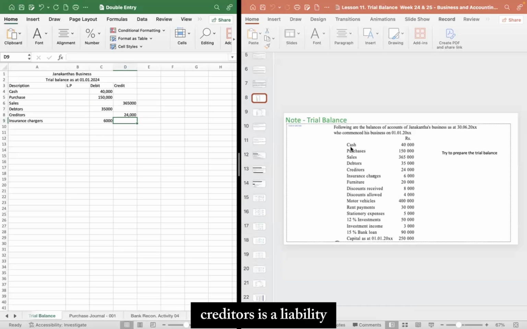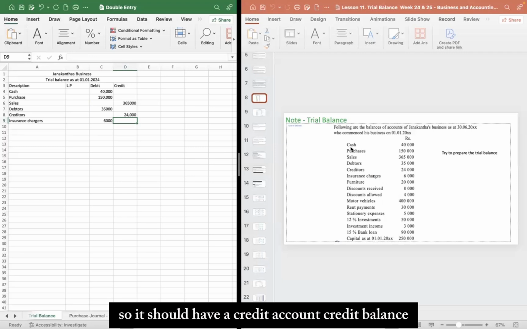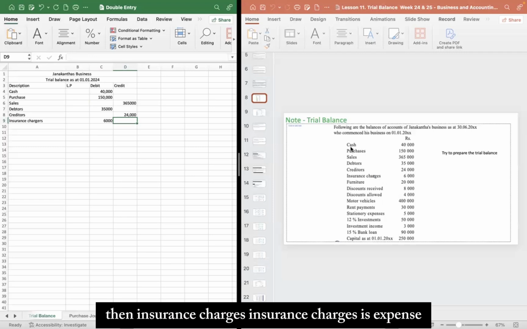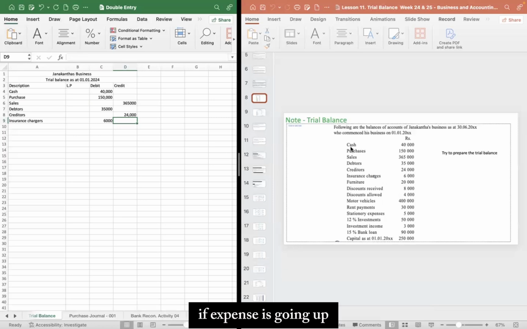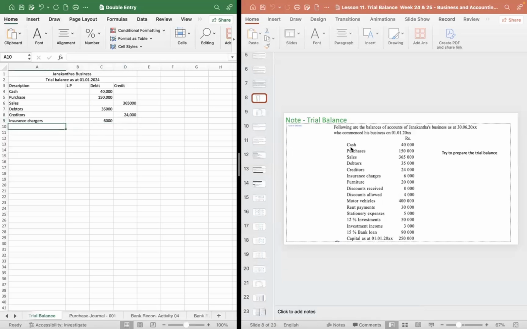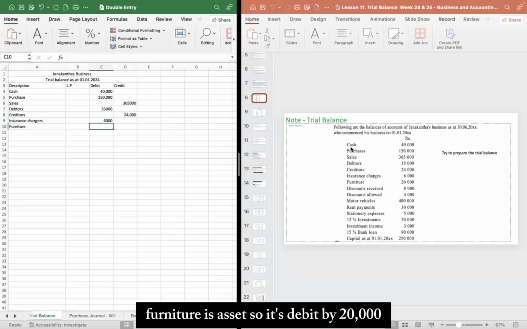Creditors is a liability. If liabilities are increasing, we are crediting the account, so it should have a credit balance. Insurance charges is an expense. If expense is going up, then it's a debit balance. Then comes the furniture. Furniture is an asset. So it's debit 20,000.